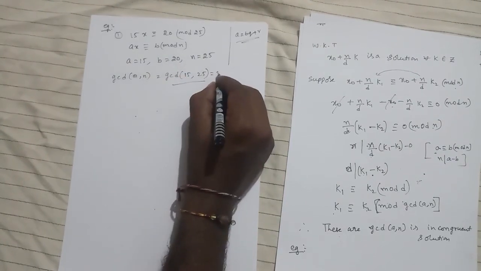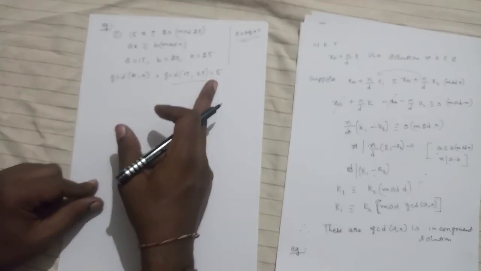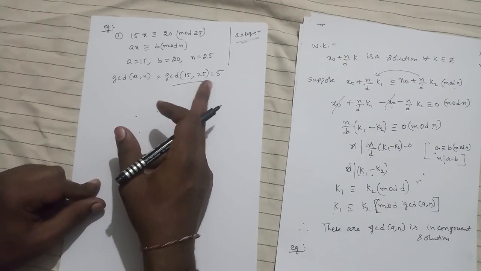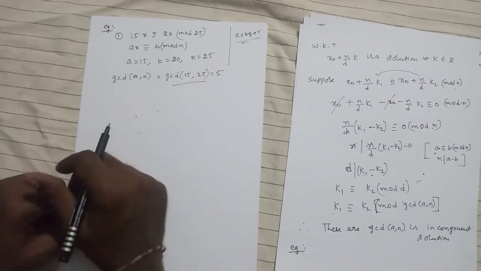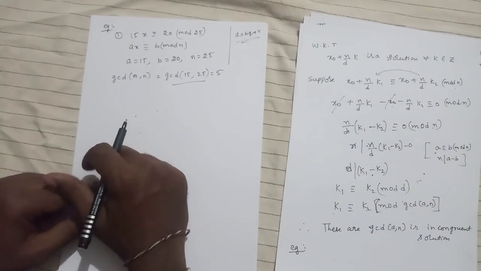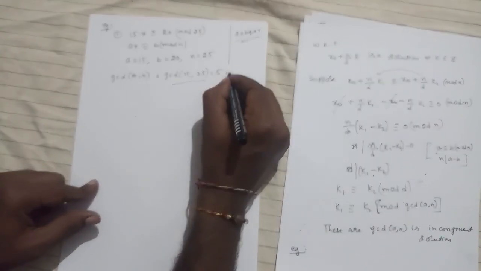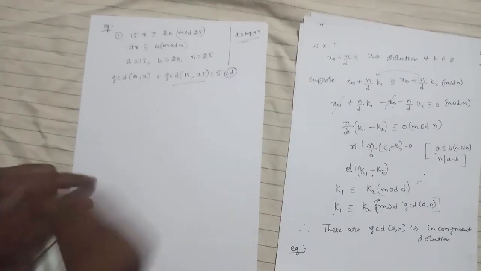So the greatest common divisor is 5. First you have to check that. So 5 is the GCD, which means this is your d.